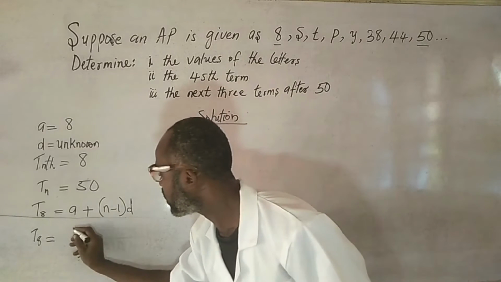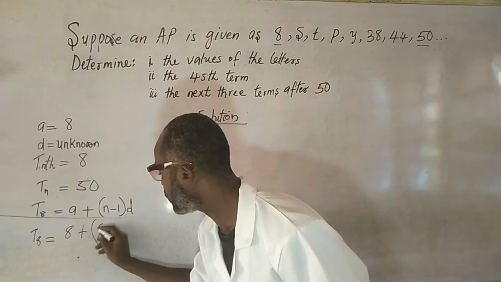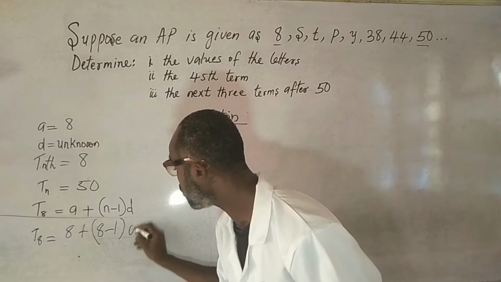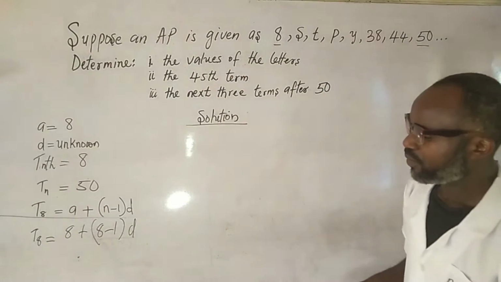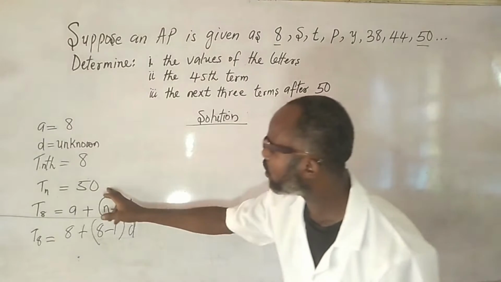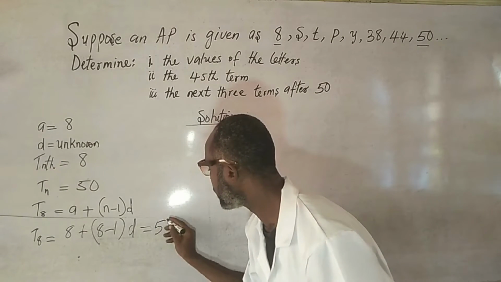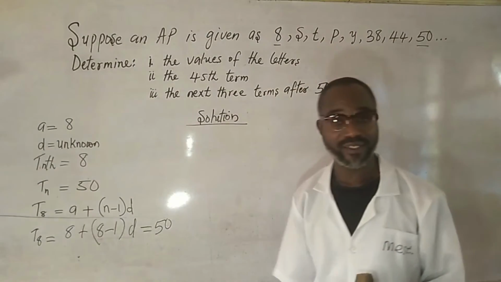So first term is 8, plus number of terms 8 minus 1, times the common difference, which is not known. Do you see that? But all this is equal to 50. That's why we are asked to find the common difference.